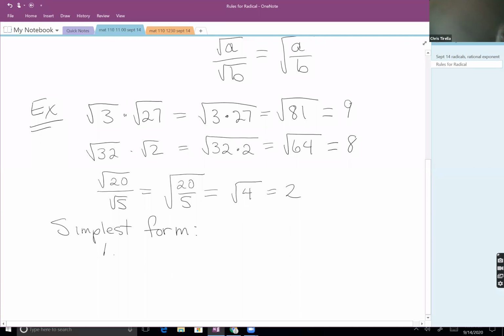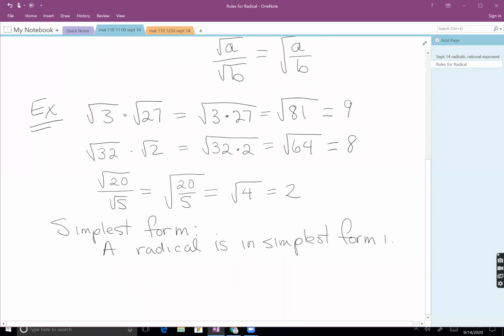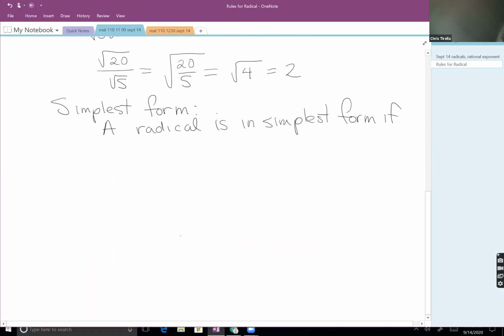And we're going to say that a radical is in simplest form if there are 3 criteria we have to meet. First one is that the radicand has no perfect square factors.